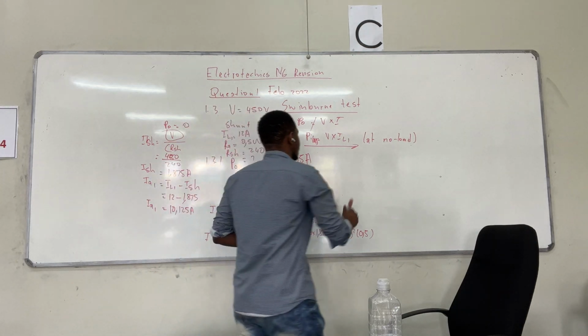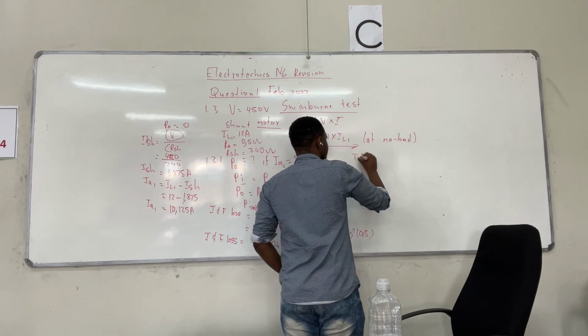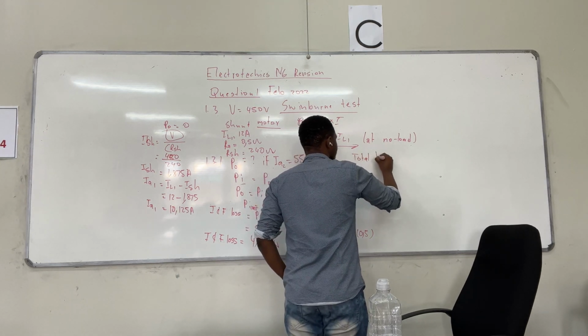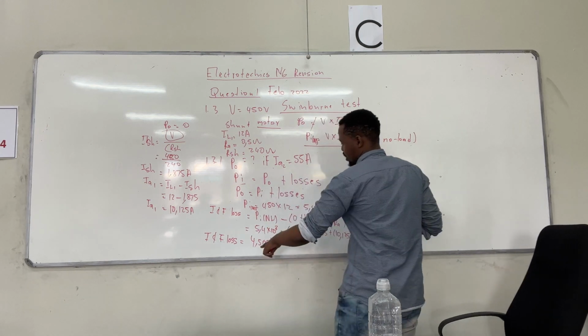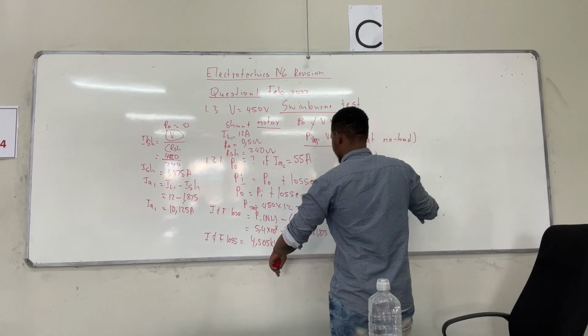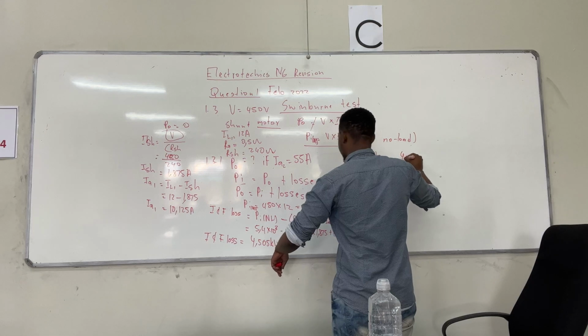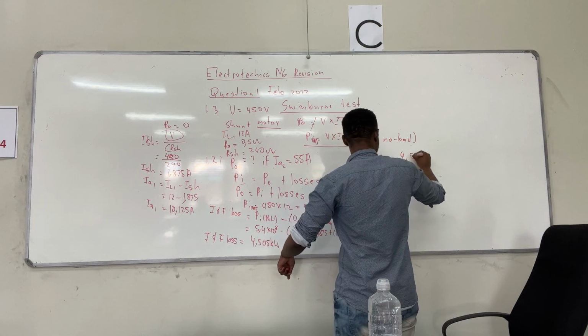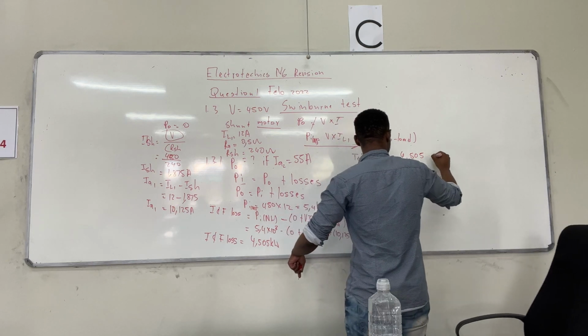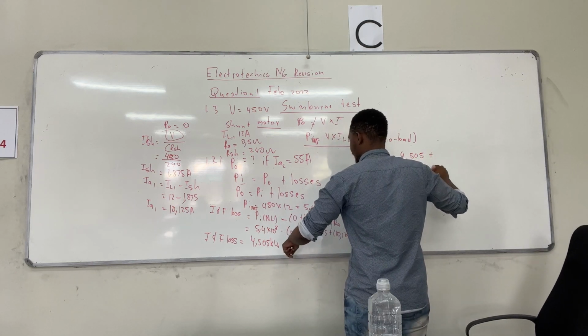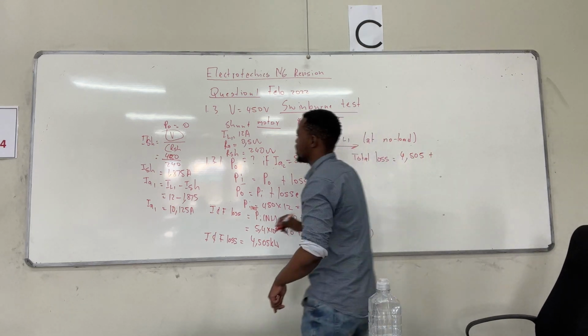So total losses equal the shunt copper loss plus the iron and friction loss plus the armature copper loss.